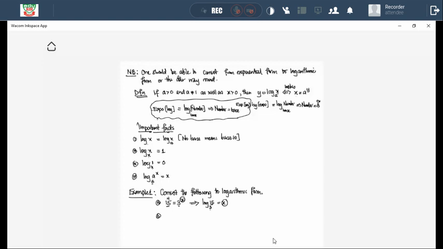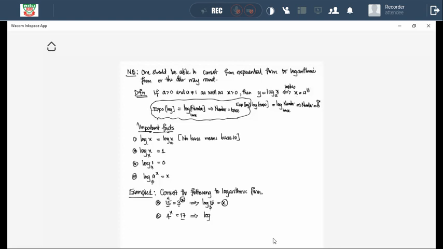Now look at the next one, a basic illustration. I'm given 4 to the power of x being equal to 17, and I'm converting in this case to logarithmic form. This is exponential form because x is an exponent. So I can simply say log of the number.